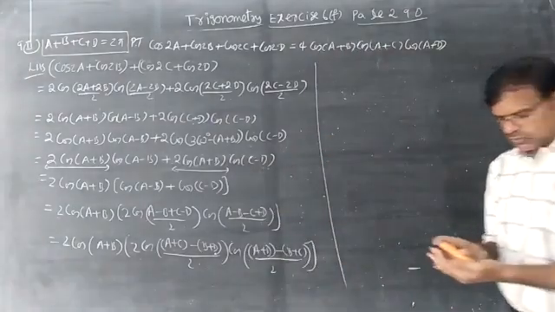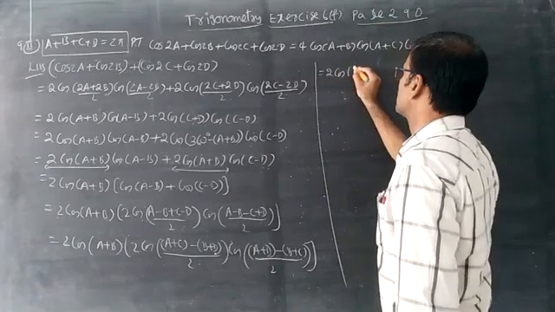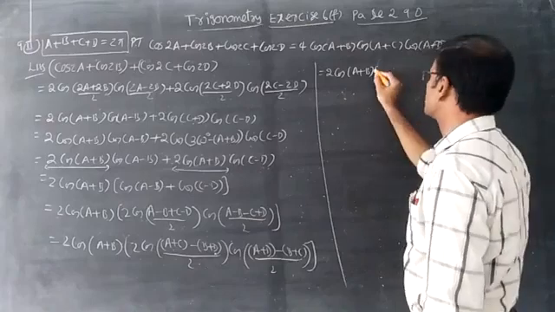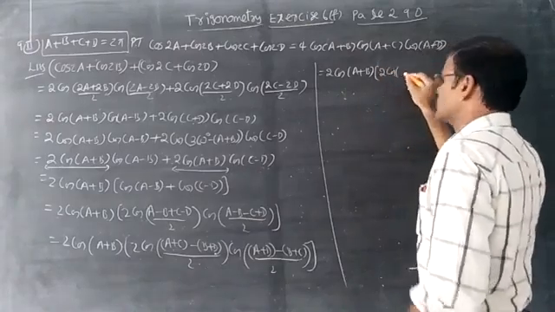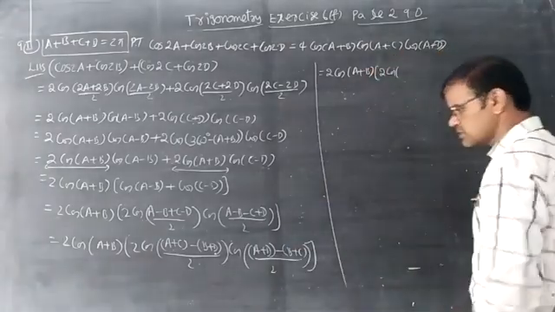That is equal to 2 cos of a plus b into 2 cos of, now according to the options, a plus c, a plus d we should get.